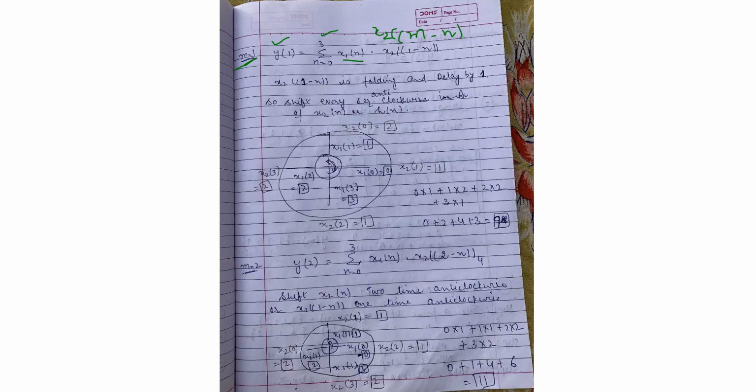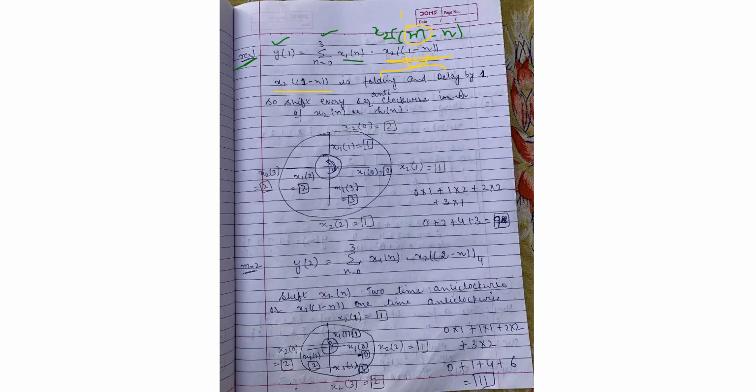So you put m equals 1 and this becomes x2 of 1 minus n. This means first you fold the sequence and then you delay by 1. Okay, clear? It is folding and delay.